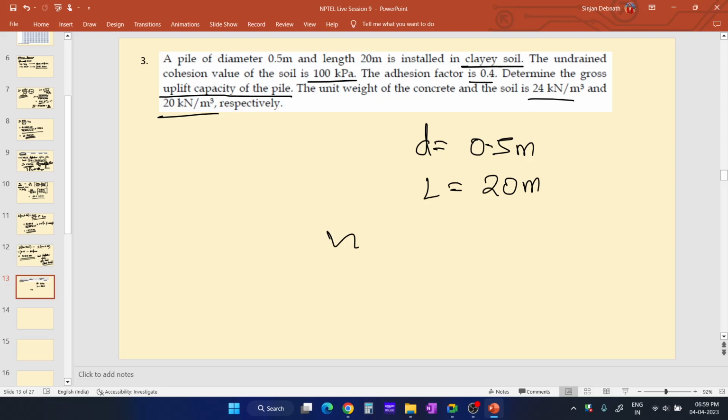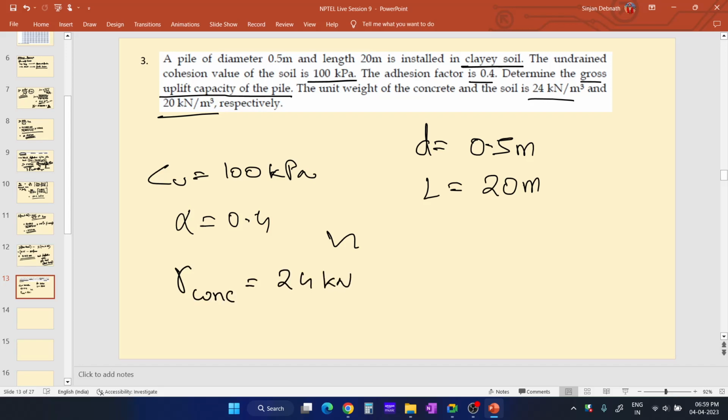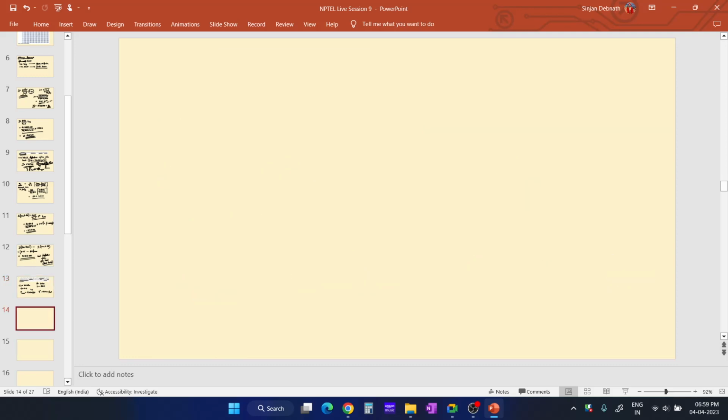The undrained cohesion value is 100 kPa and the adhesion factor alpha is 0.4. We need to find out the gross uplift capacity of the pile. The unit weight of concrete is 24 kilonewton per meter cube and the unit weight of soil is 20 kilonewton per meter cube. So what is the uplift capacity?